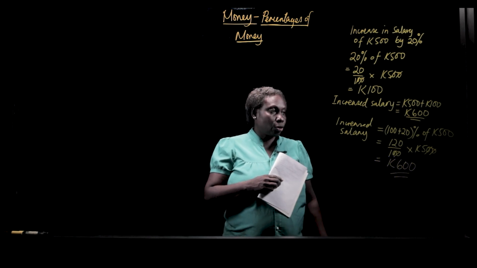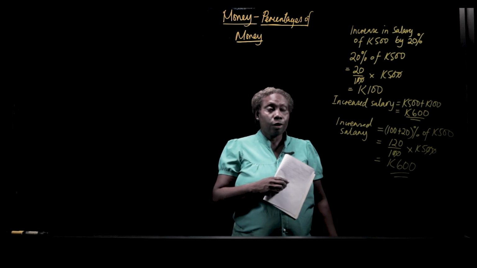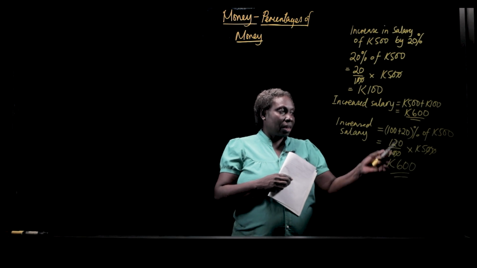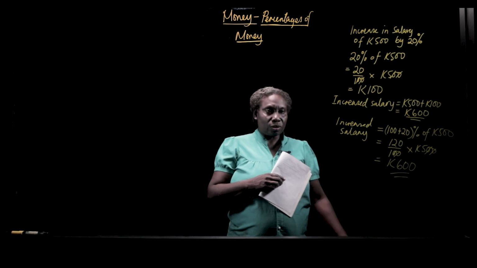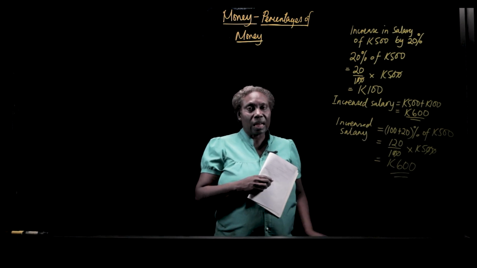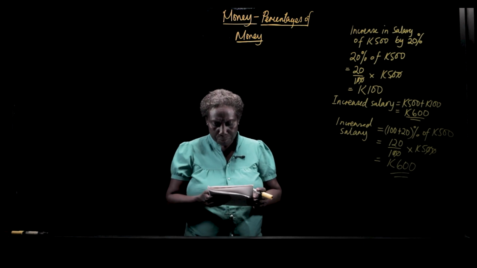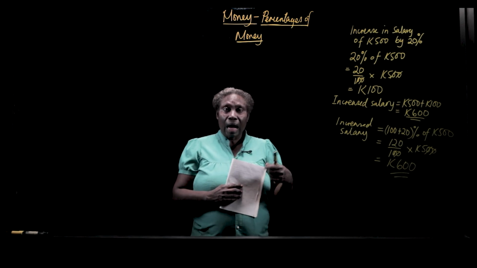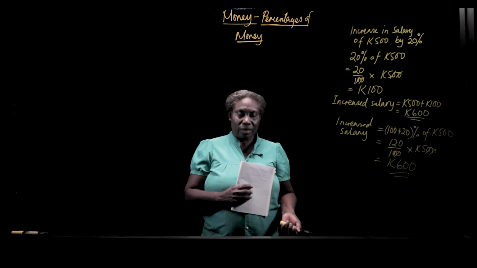The second method is by adding the percentage increase to 100, dividing by 100 and multiplying by the original amount. Then you get the increased amount. So these are the two methods that we use. Let's look at another example. We are still on how to increase the amount that you have so that you can get whatever you want.